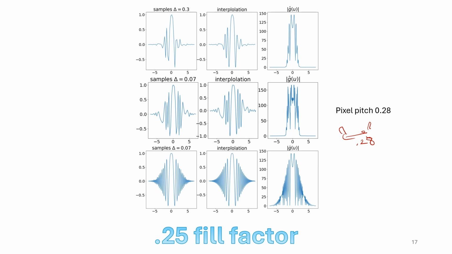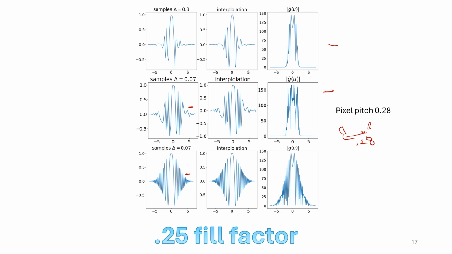The pixel pitch is about the same in these two curves, but in the top curve, the pixel extent is 0.3, and in the bottom curve, the pixel extent is only 0.07. And what you see is that in this high frequency area out here, the smaller pixel picks that modulation up, but it picks it up at an effectively lower frequency because it's undersampled.